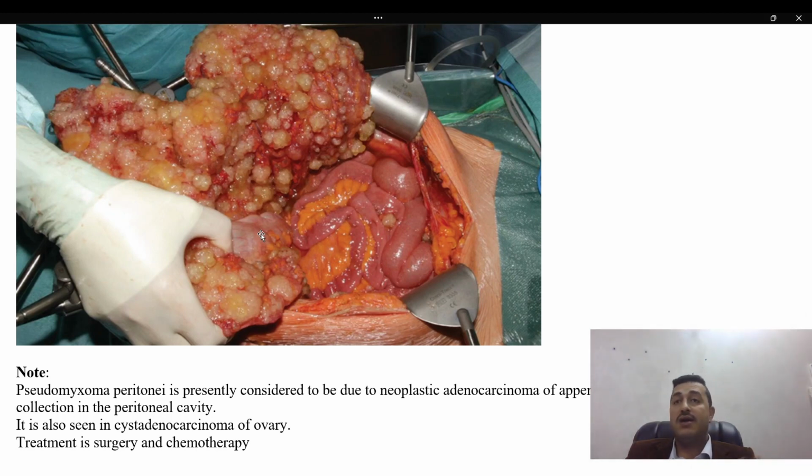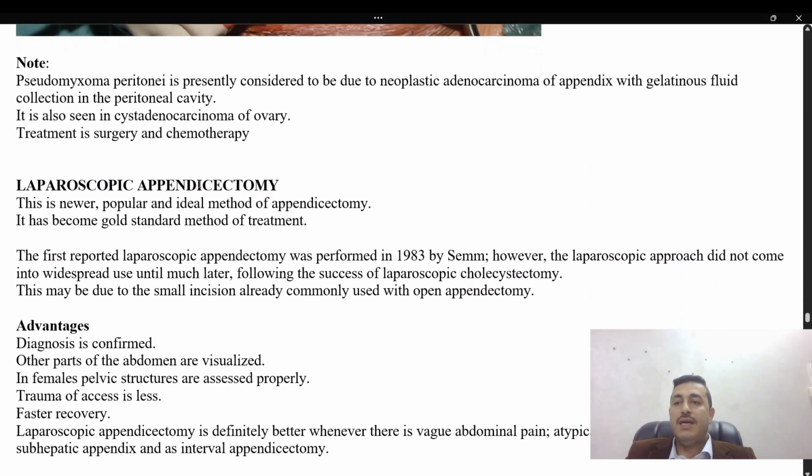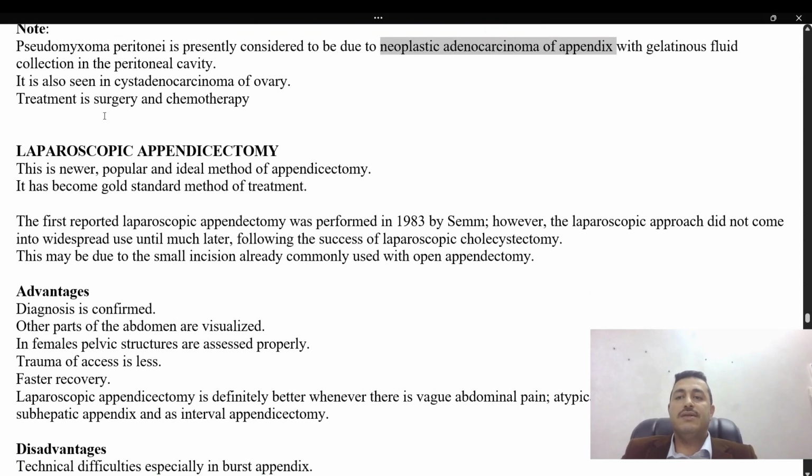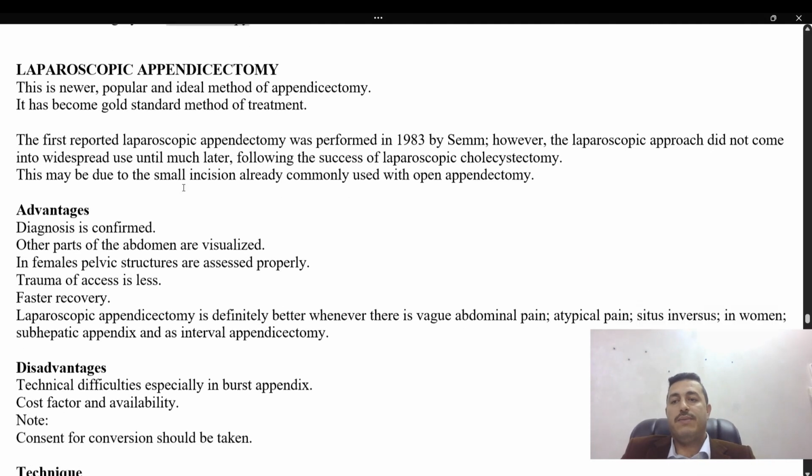But I wonder how I can reach R0 resection. Microscopic negative, all things are removed, even in the histological reports. That's difficult. Okay. Pseudomyxoma peritonei is presently considered due to neoplasm adenocarcinoma. I said it's not important. The treatment, we said, is surgery, a form of cytoreductive surgery plus intraperitoneal chemotherapy.